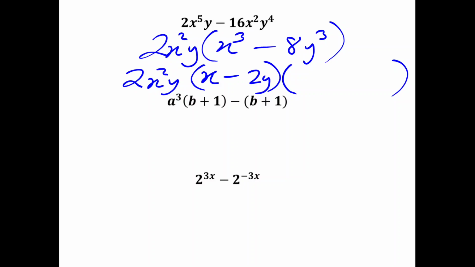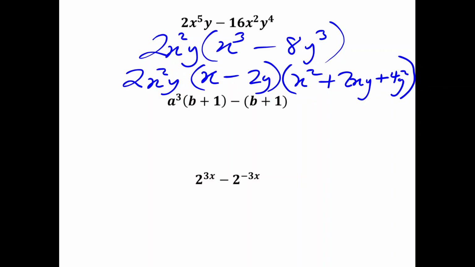Now, squaring the x, we get x squared. x times 2y minus 2y, it's a minus 2xy, but we will negate that, it becomes a plus 2xy. Then, when you square the minus 2y, you get plus 4y squared. Okay, so that becomes our factorization of the one on top.